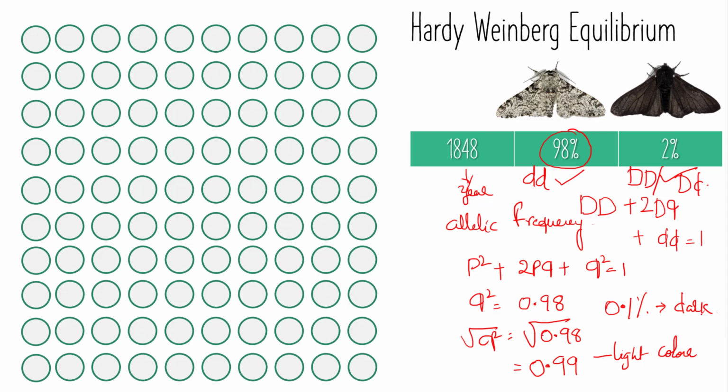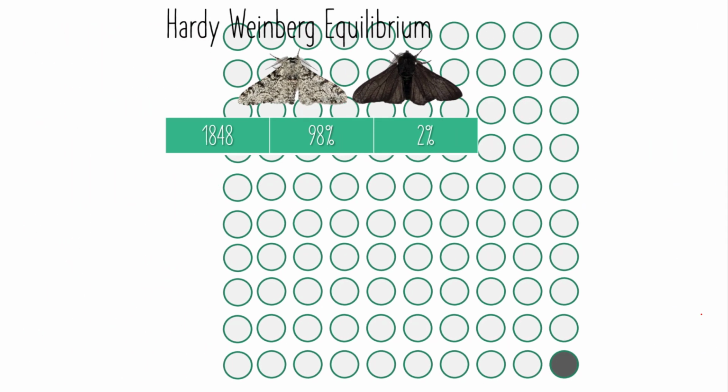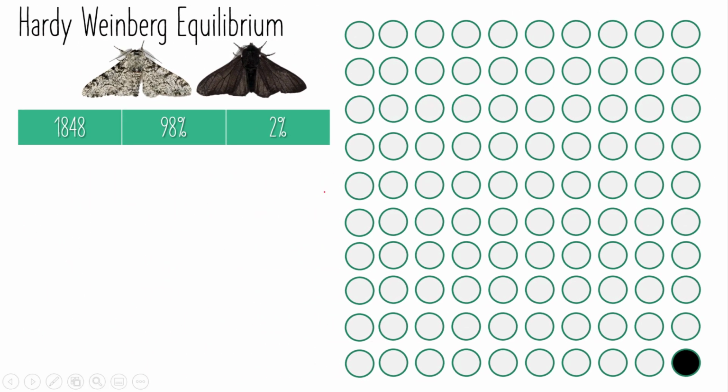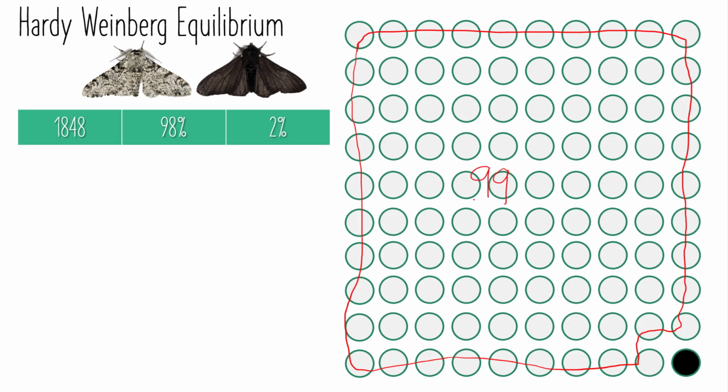Out of all these, 99 is the allelic frequency of the light colored pepper moth, nearly 99, and this is only 1, the allelic frequency of the dark colored pepper moth.